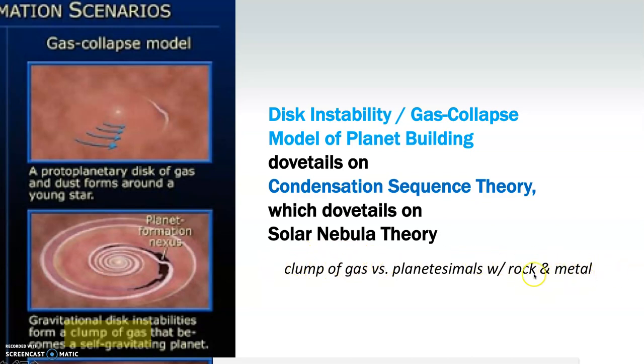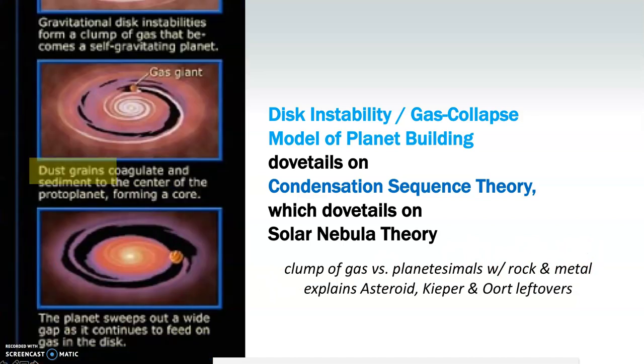The disk instability model is definitely all Jovian. There's no rock or metal in this. So this is definitely a Jovian model that talks about the fact that these planetesimals that are full of gas are sweeping out all the debris around it and sweeping out that area, which makes a lot of sense if you are looking for bands that don't have a lot of debris and bands that do have a lot of debris.